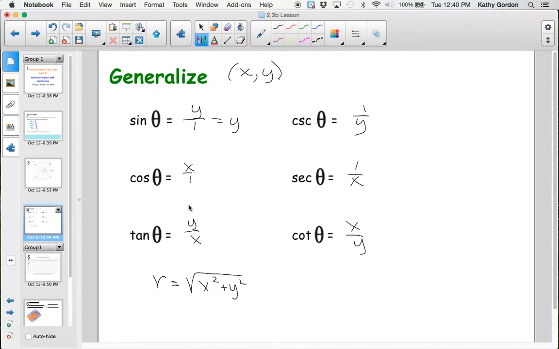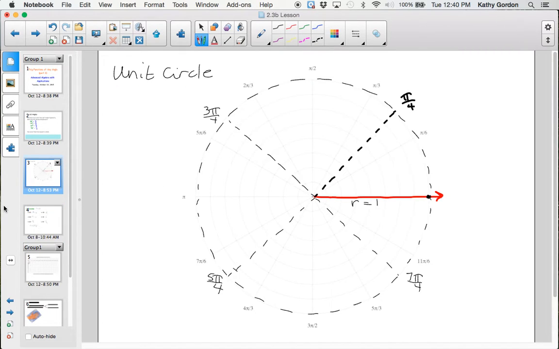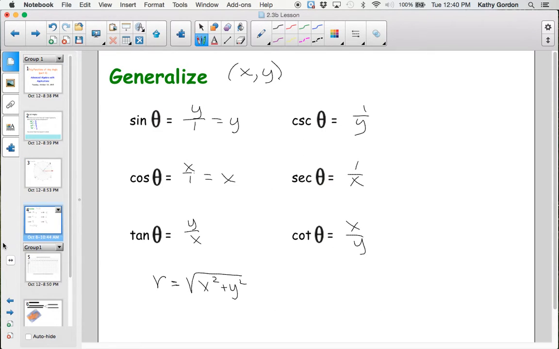Same thing with cosine. Cosine now just is whatever the x coordinate is. And then tangent is still y over x. So by simplifying the idea of rotating around the circle to making it a circle of radius 1, we have also simplified the idea of what sine and cosine should be. They're just going to be whatever the coordinates of my points are.